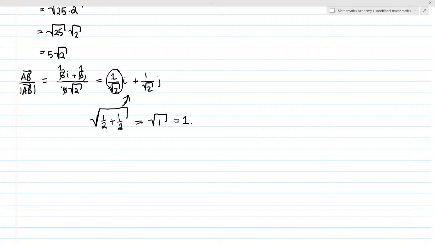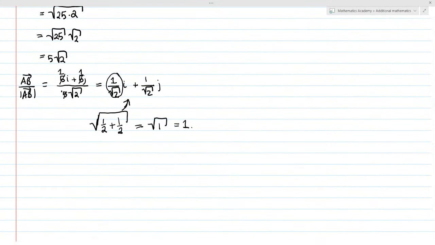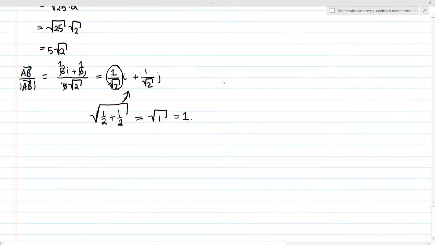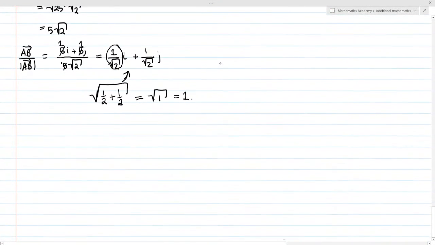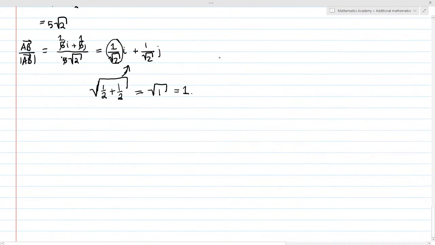Okay, so let's see now what we need to cover next. We've gone over unit vectors.